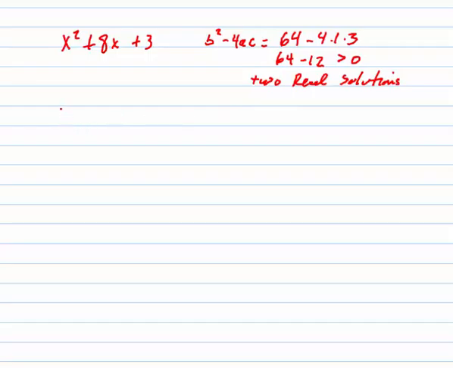Now say we have 9x squared minus 12x plus 4 equal to 0. Then b squared minus 4ac is going to be equal to, well, b is negative 12, but squared is 144, minus 4 times a, which is 9, times c, which is 4.